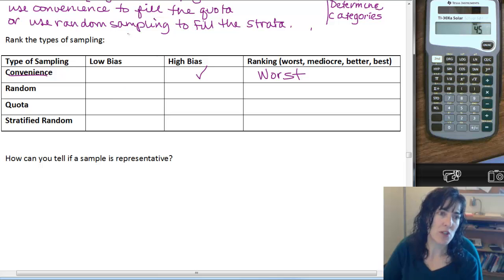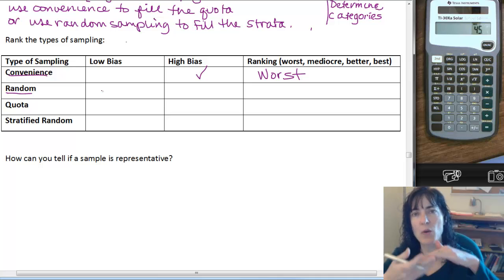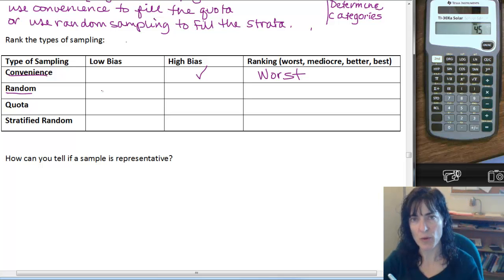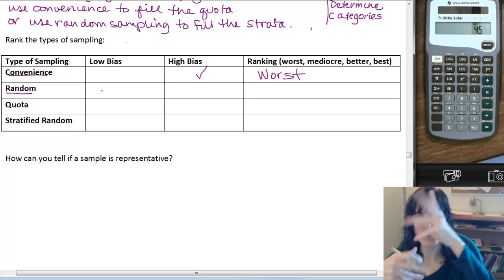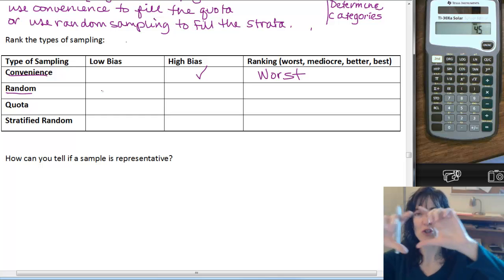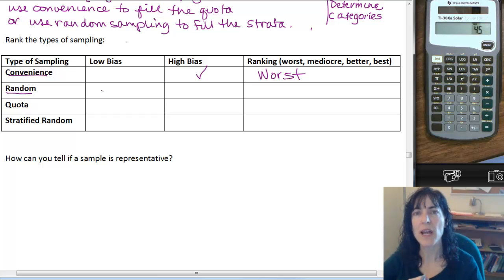All right, the next one we want to talk about is random. And random, remember, you list out every person in your population, give them all a number, so number 1, number 2, and so on, so that every person in the population is numbered. And then you go to random.org, for example, and take all of the numbers for your population, jumble the order, and choose the first N, or however many you decided were going to be in your sample, so maybe 50, so you choose the first 50 of those numbers, and that is your random sample.